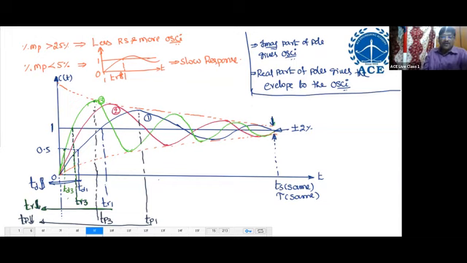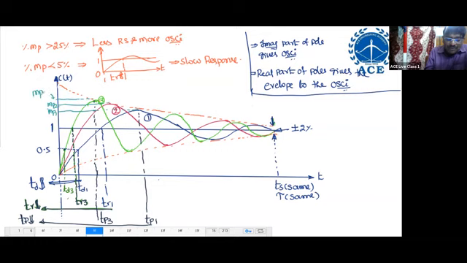Next, what about peak overshoot? Tell. This is MP1. This is MP2. This is MP3. What happened?